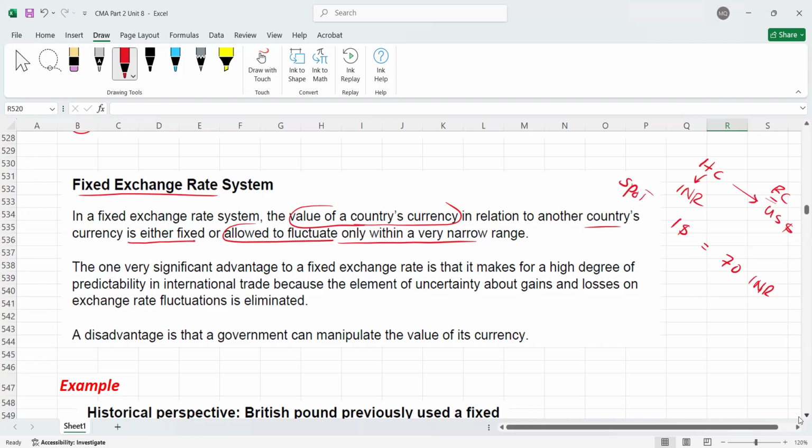Now the Indian government will either fix this rate, or, as the other part of the statement says, allow it to fluctuate only within a very narrow range.